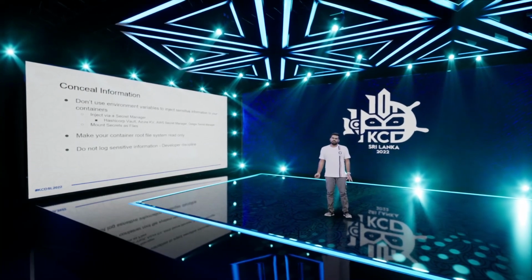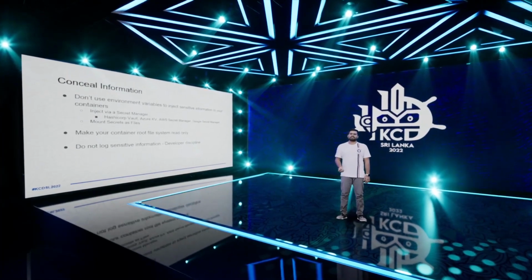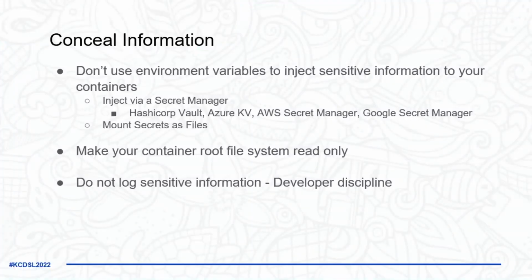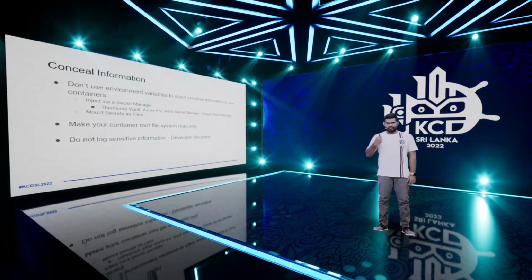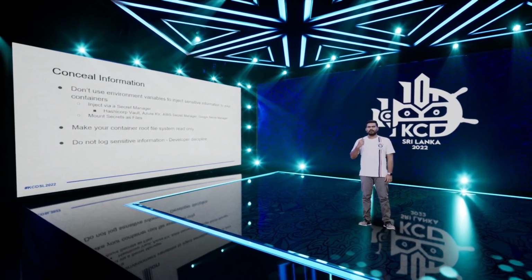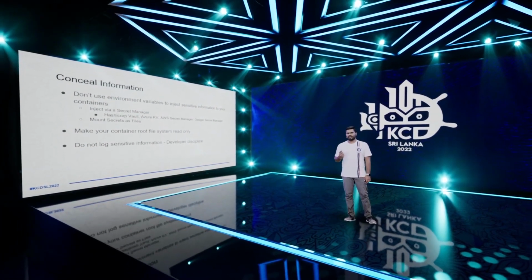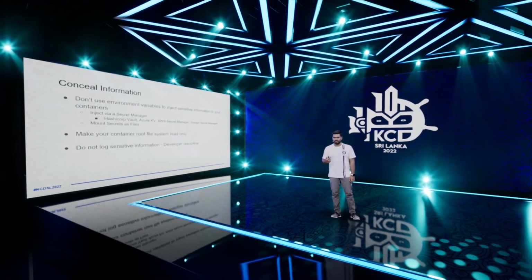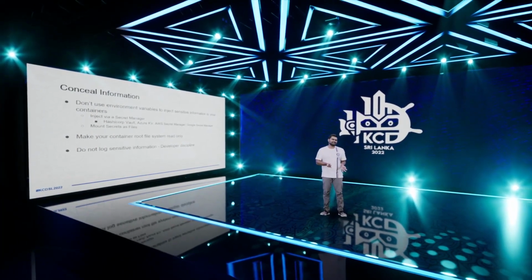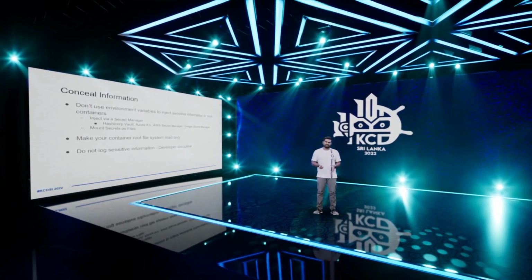So you've got to conceal your information. This is something I told you earlier as well. I asked you not to inject environment variables, but rather do them as file mounts. And when you are doing that, it is recommended to inject via a secret manager at runtime. Don't save it as secrets on Kubernetes itself. Base64 is not encryption.